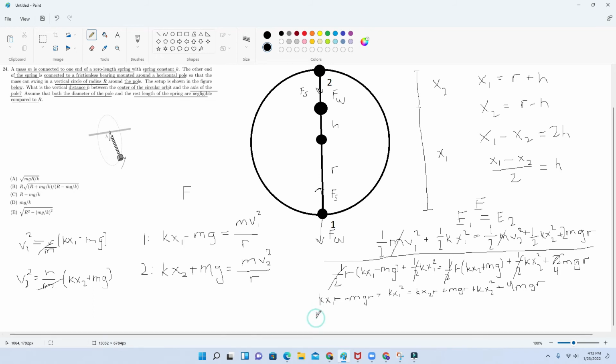So we got kx1 squared minus kx2 squared plus kx1r minus kx2r, and then we're adding mgr to the right side, which already has 5mgr, so 6mgr on the right side. And then this is looking a lot better.